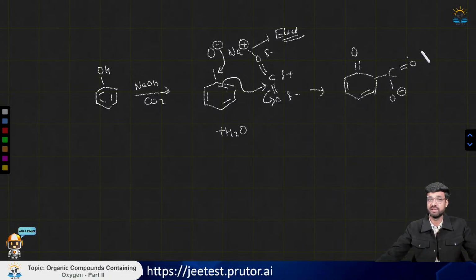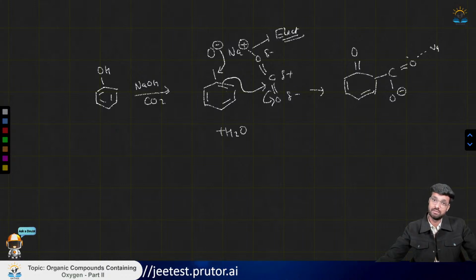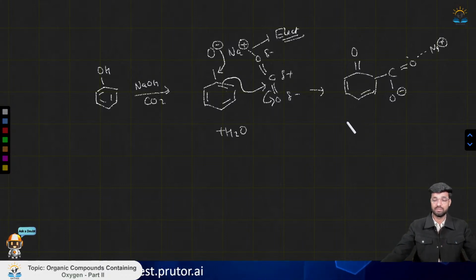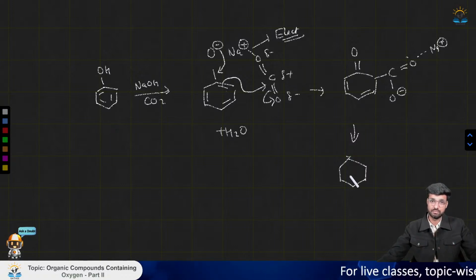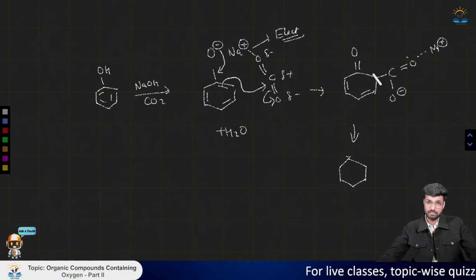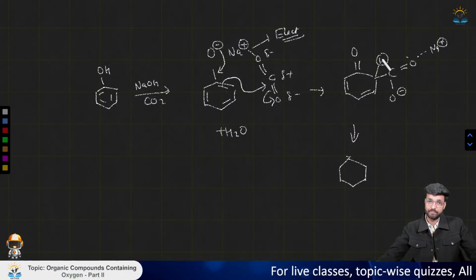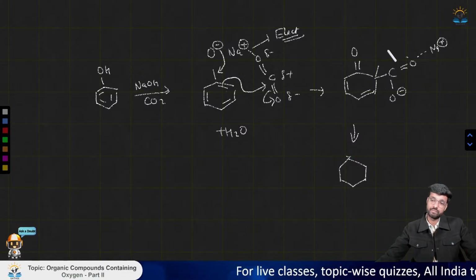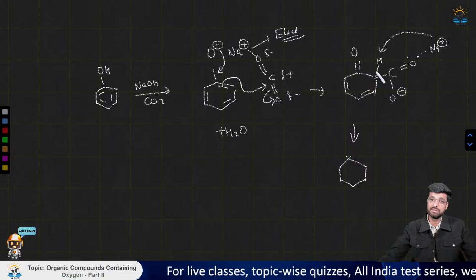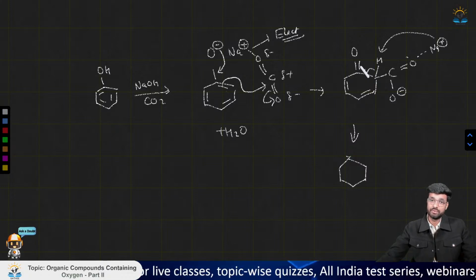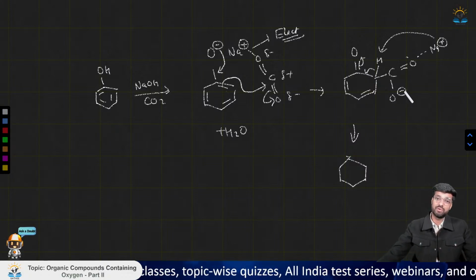So it will move further away. So we have this Na plus, and we also have a hydrogen here. Now this O minus, since it is a base, it will take this H, and this will be protonated first of all.